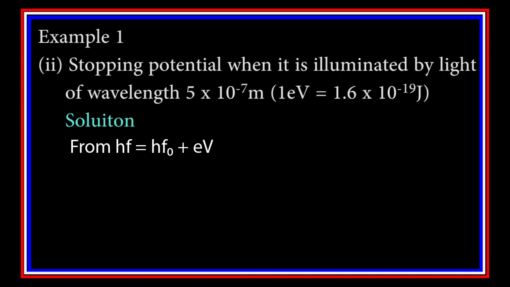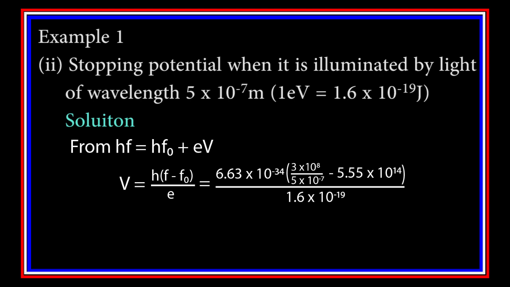From h f is equal to h f0 plus e V, V is equal to h into f minus f0 over e, which is equal to 6.63 times 10 to the power negative 34 into bracket 3 times 10 to the power 8 over 5 times 10 to the power negative 7 minus 5.55 times 10 to the power 14, all over 1.6 times 10 to the power negative 19. This is equal to 0.186 V.